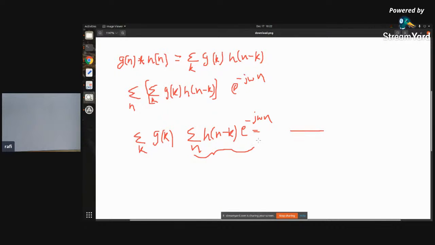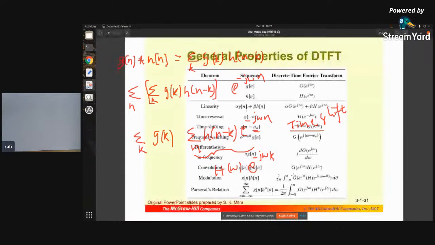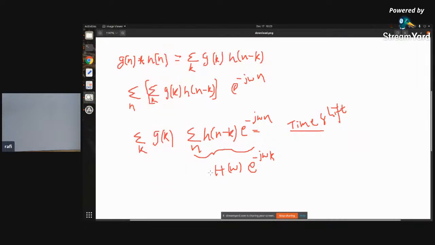So from the time shifting property, you can write it as H of omega into e power minus j omega k, times e power minus j omega naught n. This is of the form DTFT of this one.